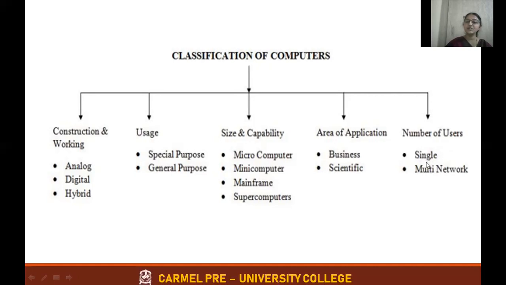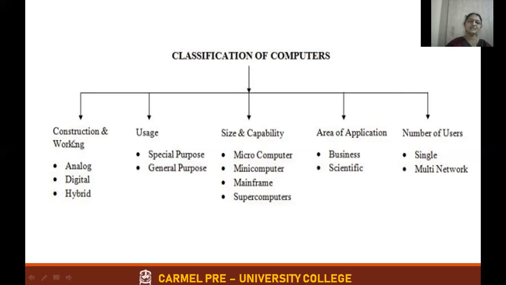Whereas computers in a network, a connection of many computers, let you share data from one computer to another. You can send, receive, communicate and share files also. That is multi-user. So don't worry about these two classifications. Concentrate on the first three: working principle, usage, size and capability.